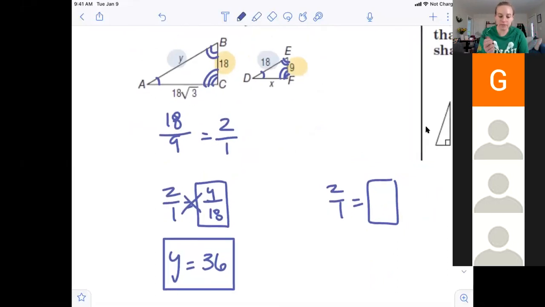All right, so Gavin helped me find y. Now I got to find x. Can someone tell me what my ratio is that is going to equal 2 to 1? What over what? Again, you don't have to solve it, just which 2 sides go together.